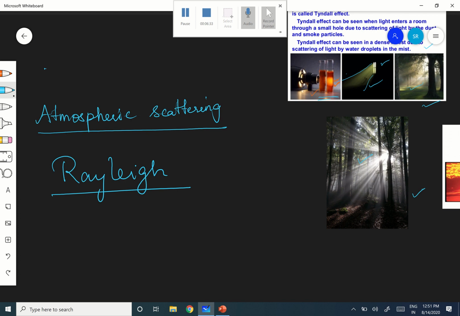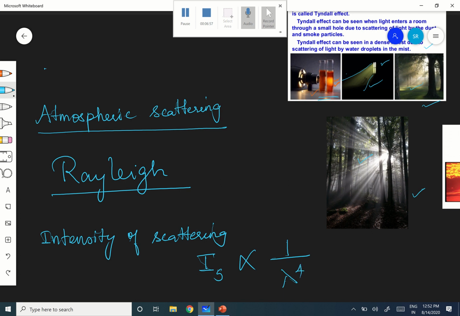But according to Rayleigh, the intensity of scattering of white light, that is IS, intensity of scattering, is inversely proportional to the fourth power of the wavelength of light.